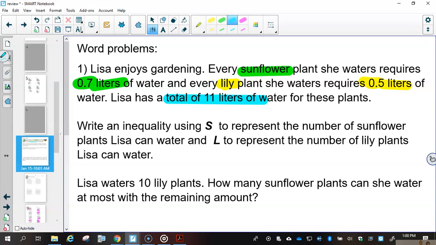Anything else? No, that's it. S is sunflower. Thank you. L is lily. Thank you so much. Anything else? 10 plants. So she waters 10 lily plants.